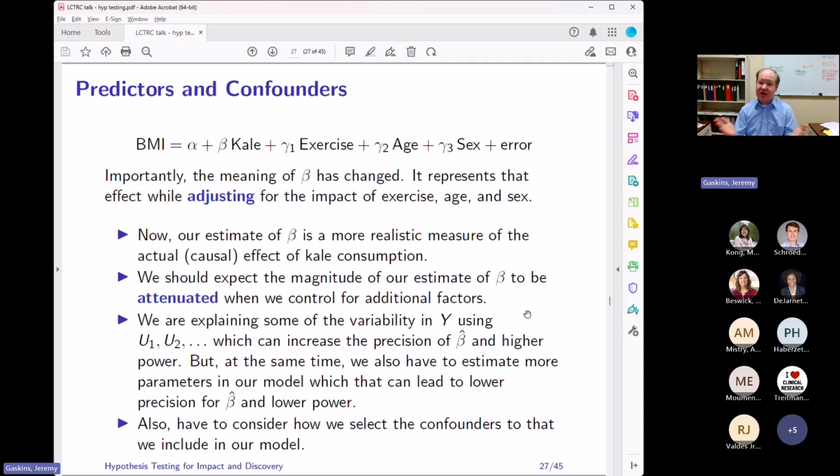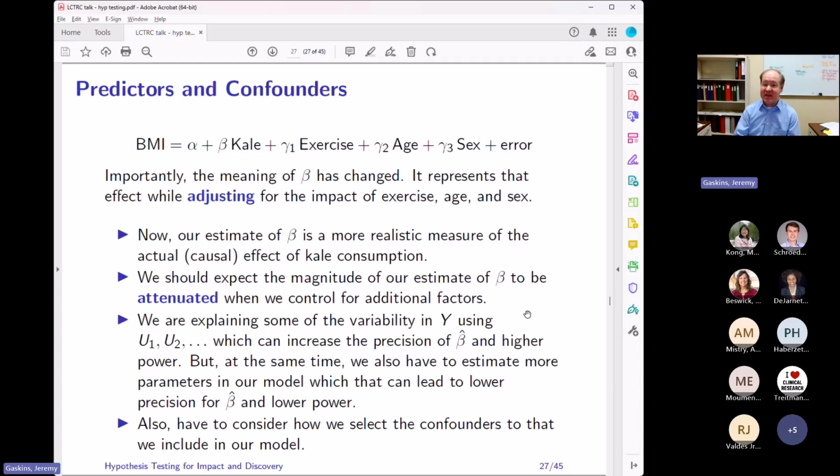And so maybe I need a model with some different confounders, right? So maybe I want to assess the effect of kale while also controlling for level of exercise, for age, and for sex. Maybe those are confounders I have in my data set. And so I could fit this model, and now I would be assessing the effect of beta while controlling for my other factors. And so this changes our interpretation of beta.